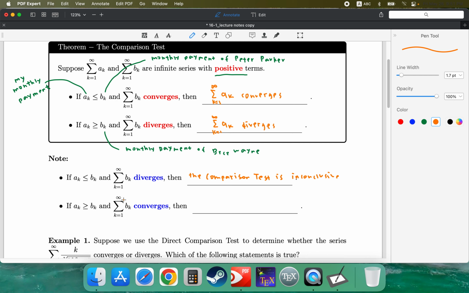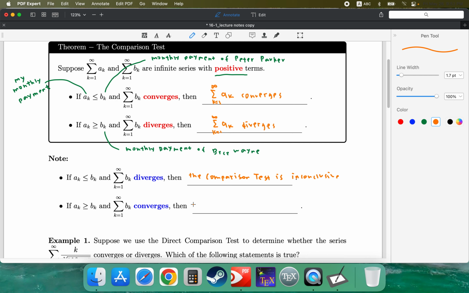Okay, now right here you see that summation of BK converges. So I will choose BK to be Peter Parker. So if I earn more than Peter Parker and Peter Parker is poor, then how much do I make? Well, we don't know, right? Because I can be rich, I can be poor, right? Because in that movie, everyone earns more than Peter Parker, right?